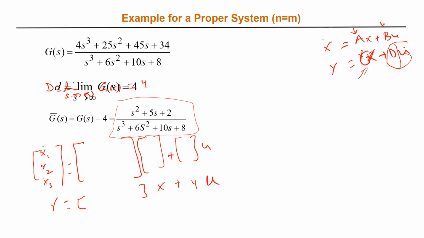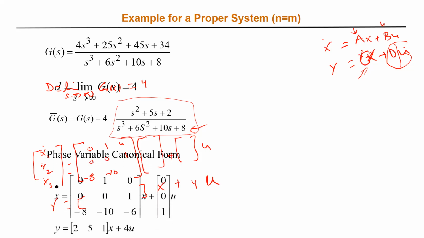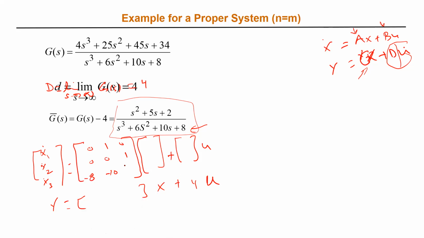So in the phase variable canonical form, what did we say? The A matrix is 0, 1, 0; 0, 0, 1; then the last row is -8, -10, -6, because we stop at n minus 1.